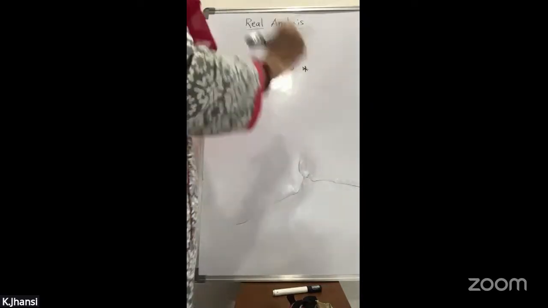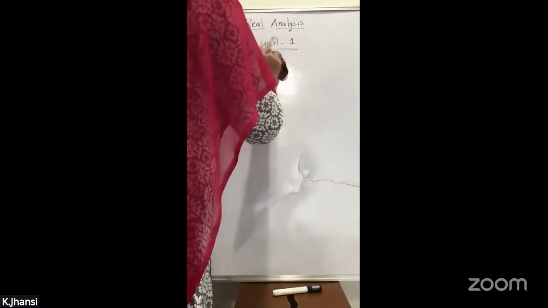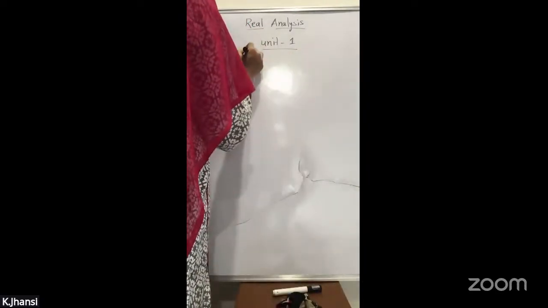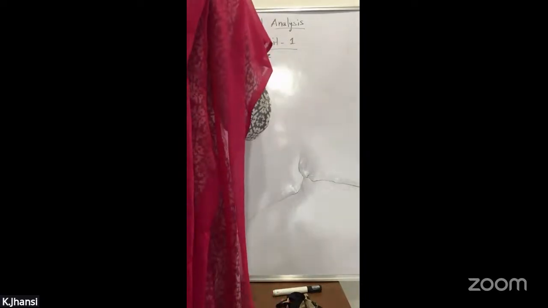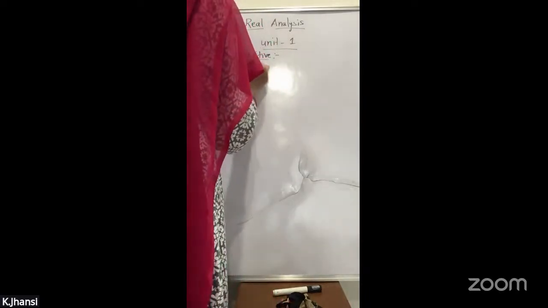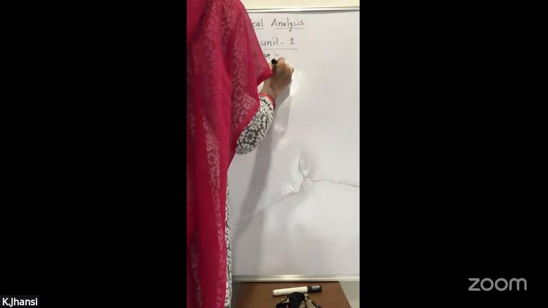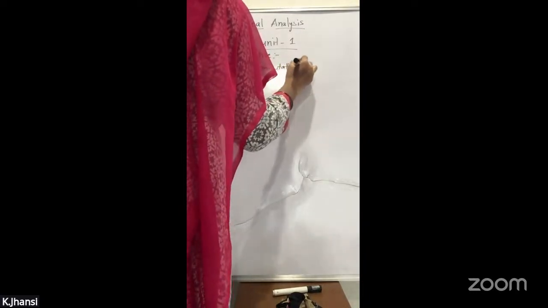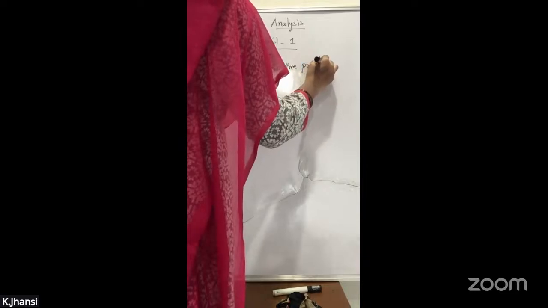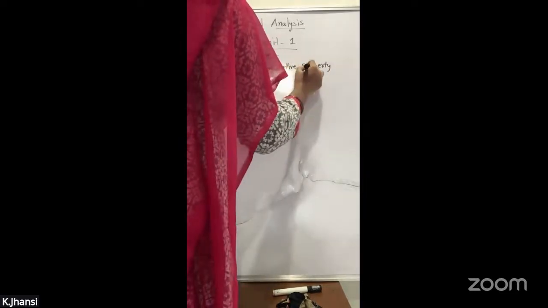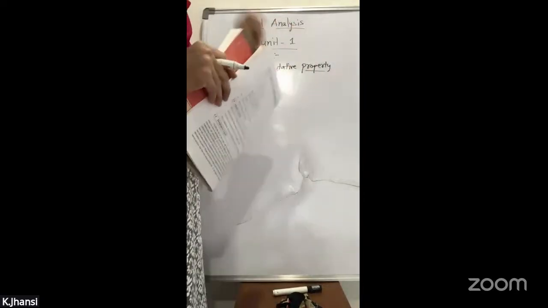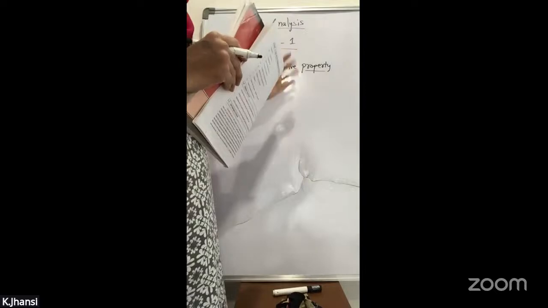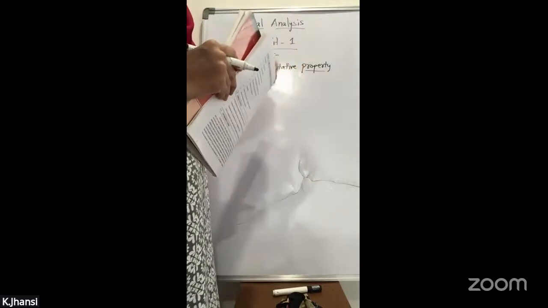So in addition, the properties are, first, with respect to addition, the commutative property, or else we can call it the commutative law. In 10th class you studied the commutative law, or else we call it the commutative axiom also.